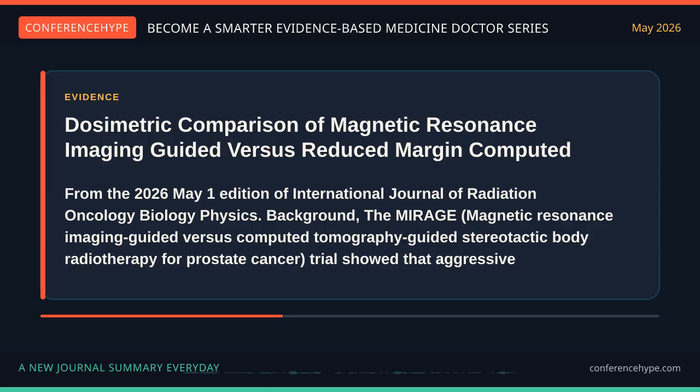a standard PTV margin. Methods: it is unknown whether the dosimetric benefit of reducing PTV margins, alone and independent of the other components of advanced image-guided radiation therapy that allowed margin reduction, would be predicted to replicate this decrease in toxicity. Results: compared with MRG SBRT patients, replanned CTG SBRT patients had similar or statistically significantly improved rectal dosimetry and similar bladder dosimetry.